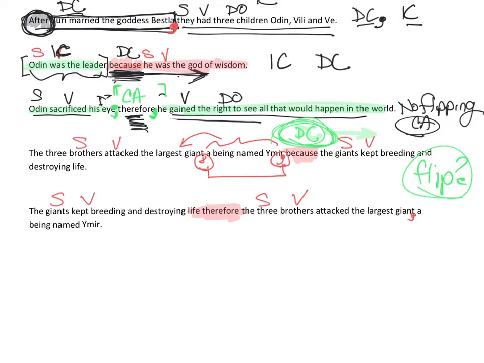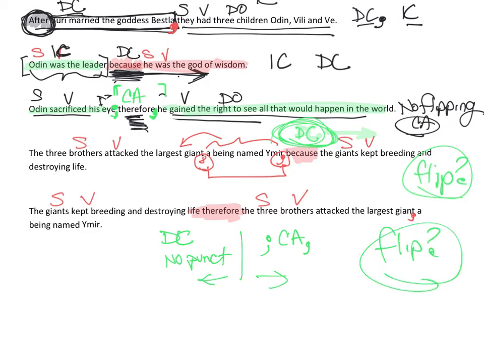Is this a dependent clause? If it is a dependent clause, because it's in the middle, I need no punctuation. Is this a conjunctive adverb? If it is a conjunctive adverb, I need a semicolon in front, I need a comma behind. How do I decide which set of rules I use? I ask myself, can it flip?